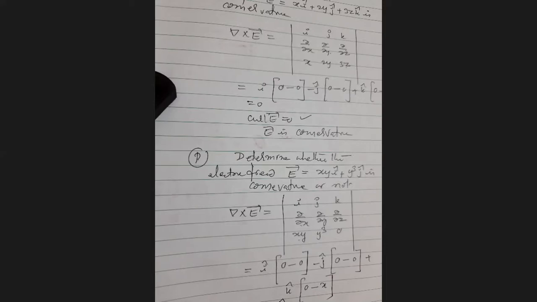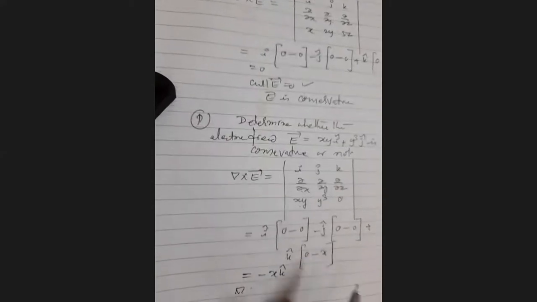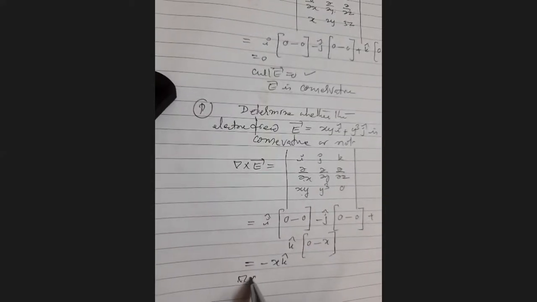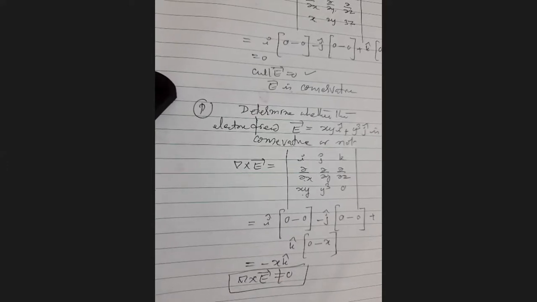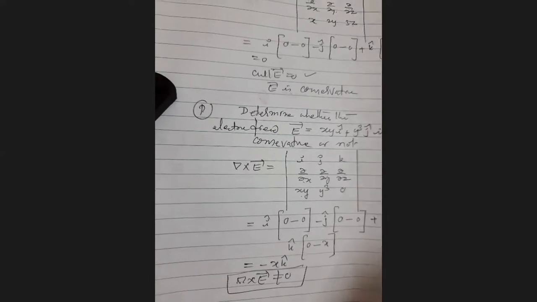Here del bar cross E bar is not equal to 0. Therefore, the given electric field strength, the given vector, is not conservative, right?